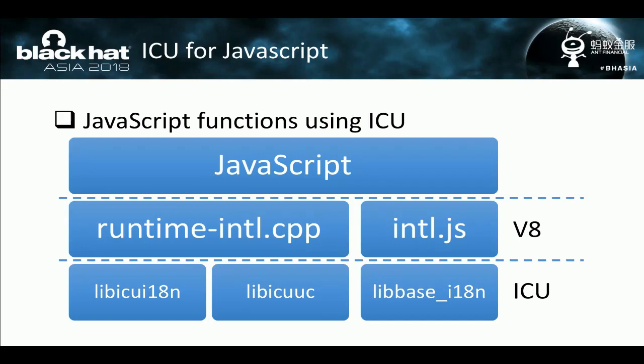The filter includes JavaScript code, which is in the intl.js file, and C++ code in the runtime intl.cpp. The ICU library is always split into three parts, which are libicu i18n, libicu uc, and libbase i18n.